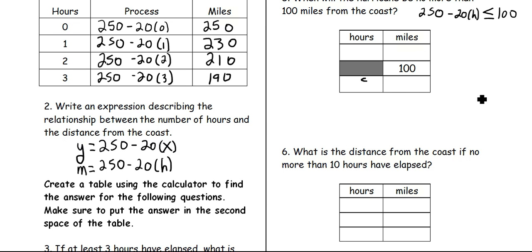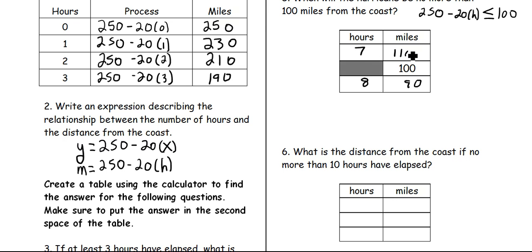And just so we can save a little bit of time, we can see, let's go back here, that at 8 hours it was 90, so it means at 7 hours it would be 110.